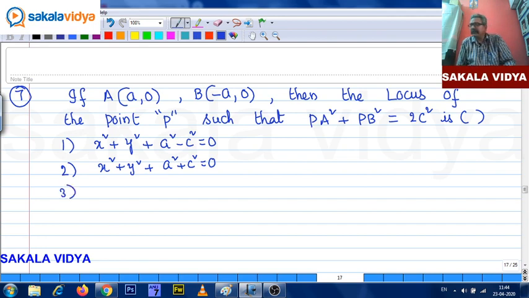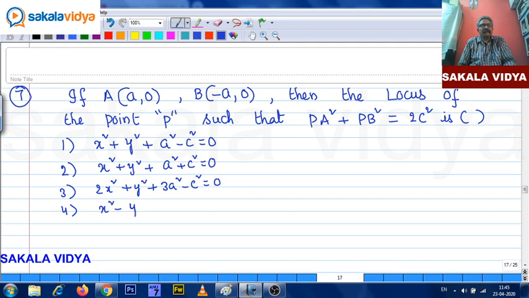Third option: 2x square plus y square plus 3a square minus c square is equal to 0. Fourth option: x square minus y square plus a square minus c square equals to 0.